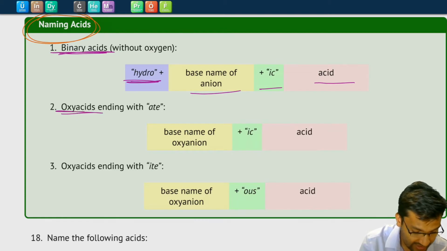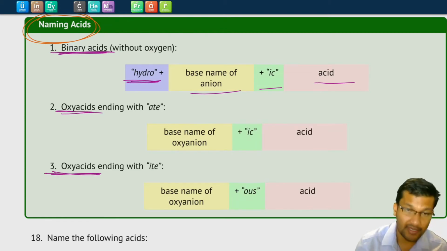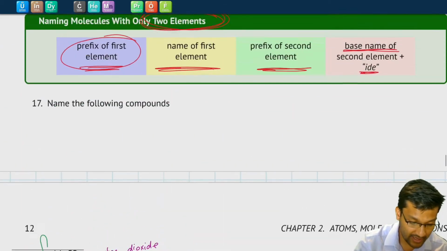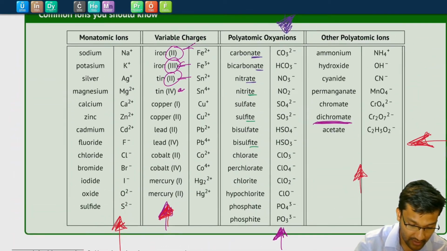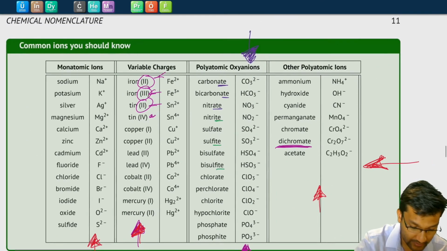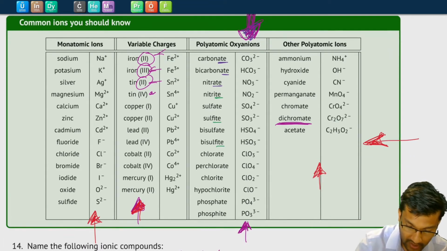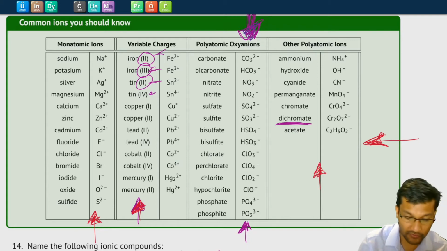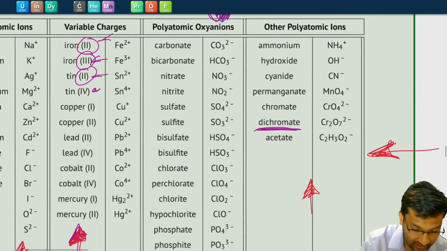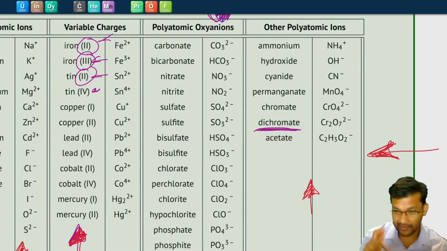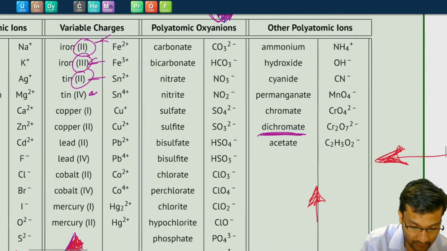What about oxyacids? Oxyacids come from all of these ions that we had to memorize that we called oxygen ions from our ion table up here. So these oxygen ions can also form acids. And when you look at oxygen ions, they typically end in one of two sets of letters.